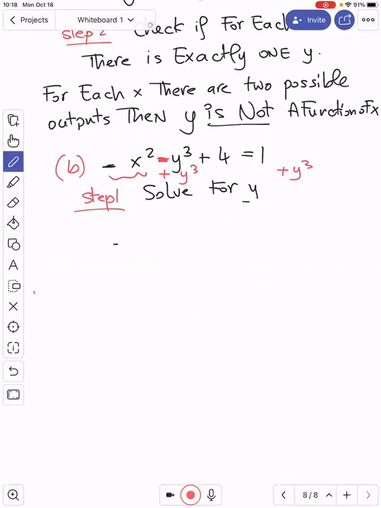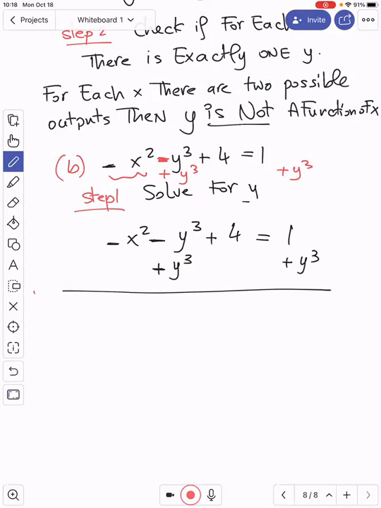This is minus x squared, minus y cubed plus 4 equals 1, right? The thing is, this is minus y cubed. There are different ways to make this y cubed positive, but one of them is to add y cubed to both sides.